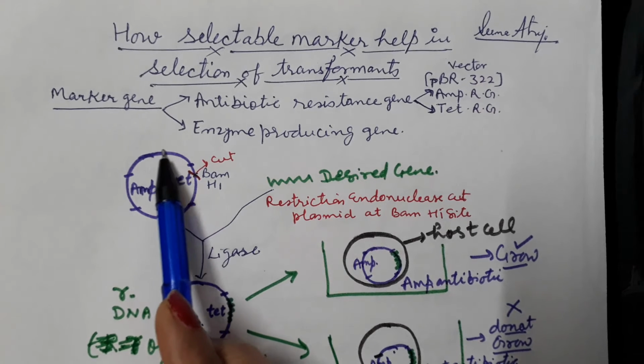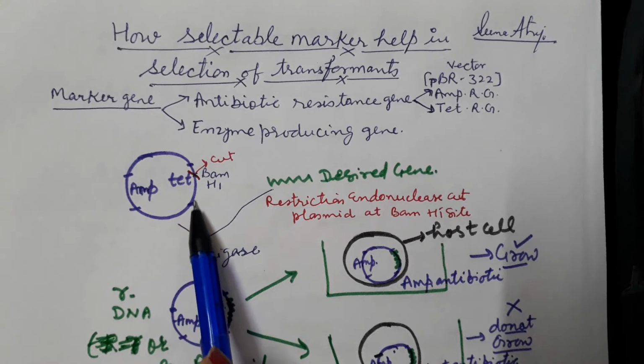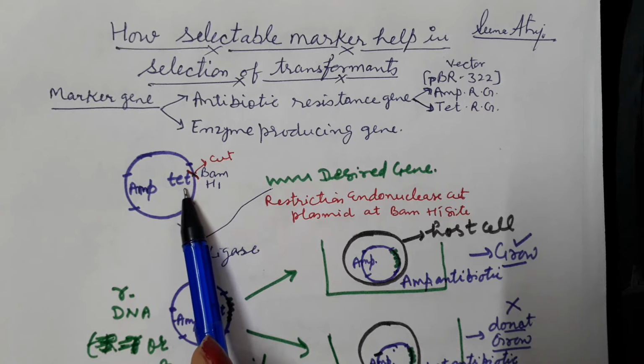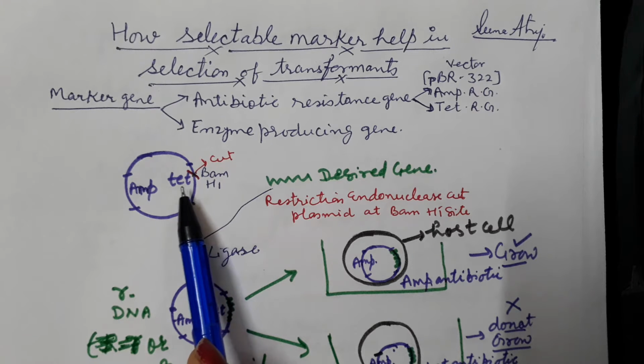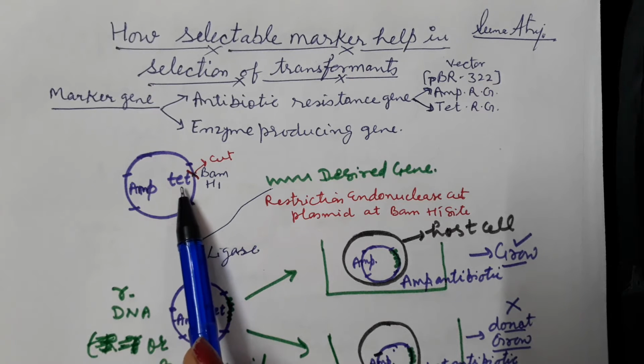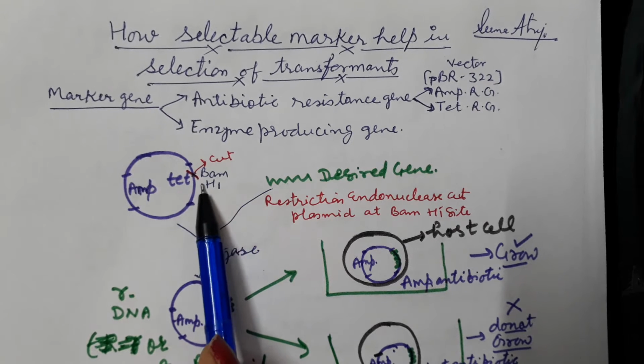This is our vector, the plasmid. It consists of two antibiotic resistance genes: the tetracycline resistance gene and the ampicillin resistance gene. At the tetracycline resistance gene, there is a BamHI site.